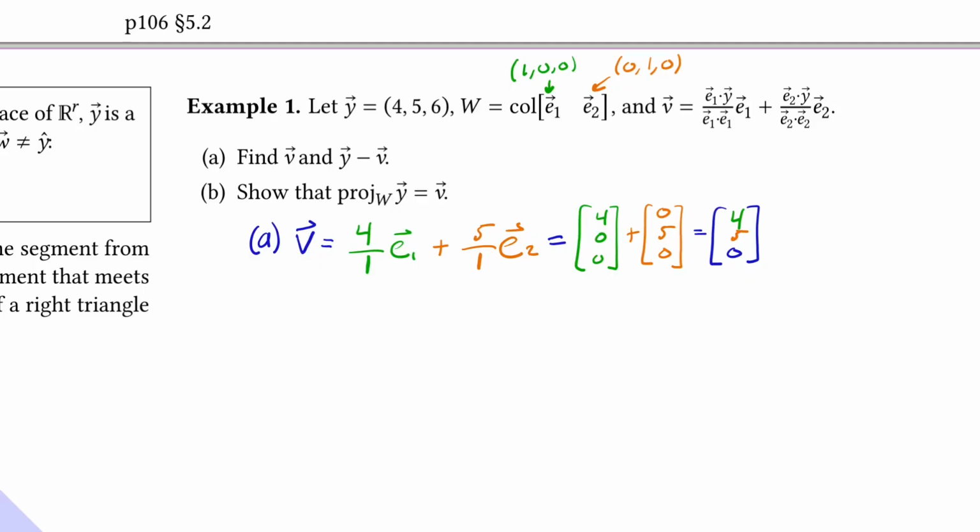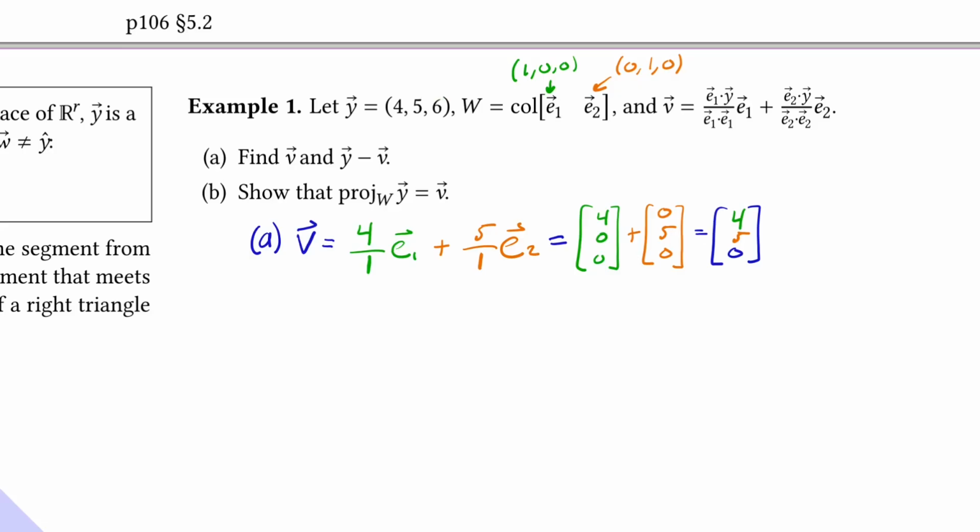And yeah, that is a vector that is definitely in the column space of E1 and E2. It's in the subspace W here. And maybe it seems a little intuitive that that's going to be the point on the x1, x2 plane that is closest to 4, 5, 6.